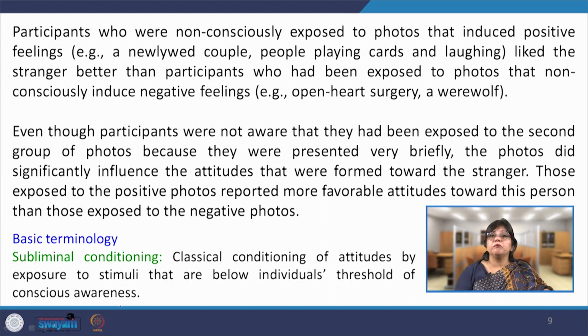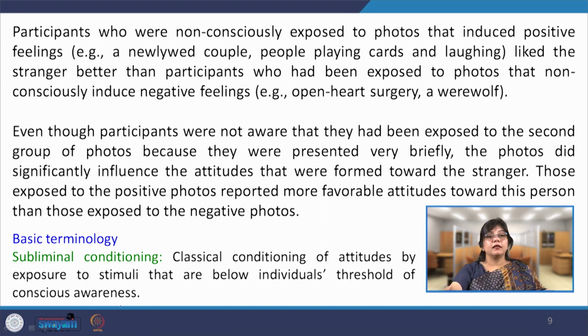Those negative pictures were of open heart surgery or a werewolf. The idea is that even though participants were not aware that they were being exposed to positive or negative photographs, they still had some influence on their response pattern, and they responded to the stranger accordingly.